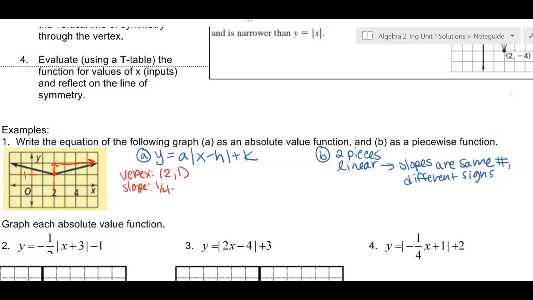I'm just going to plug the appropriate values into their appropriate place. My vertex is supposed to represent my h and my k value, and my slope is my a value. So I have a positive 1/4 because it opens up, x minus 2 because 2 is my h value, and plus 1 because 1 is my k value.